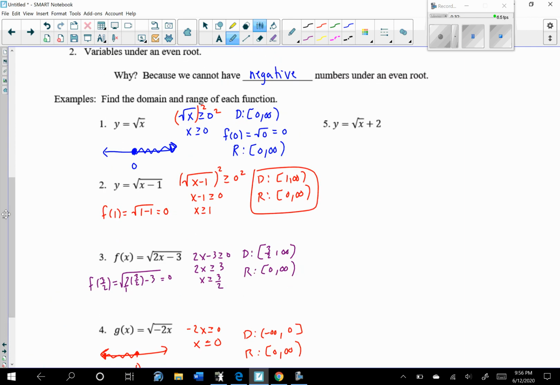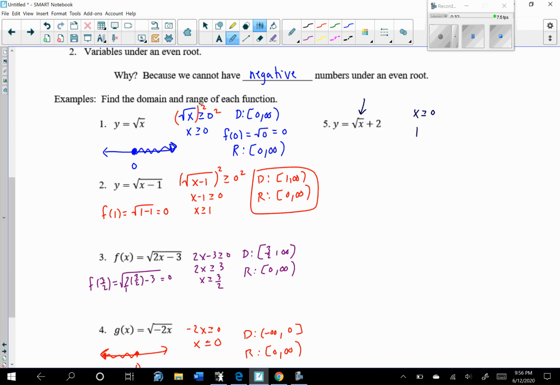So this one's slightly different because we have a number on the outside. So the question is, what do I do with that? When you're finding the domain, remember, the only thing we're concerned about is variables that make underneath the radical negative, which we can't have. So we don't need to worry about that right now, but that's going to come in when we do our range. So for my domain, I still just take what's underneath the radical and set it greater than or equal to 0.